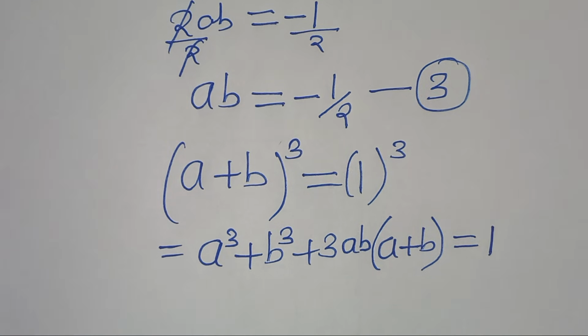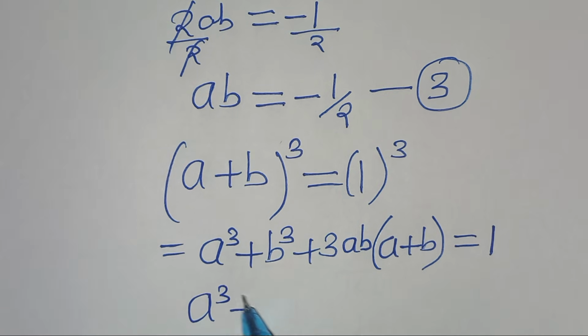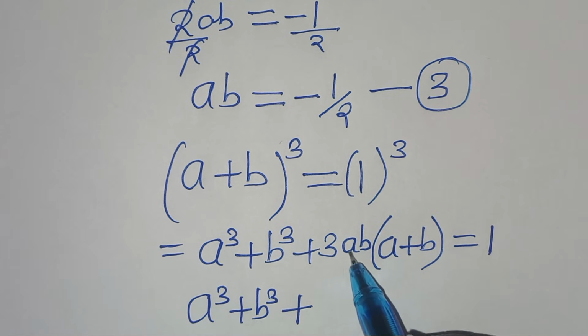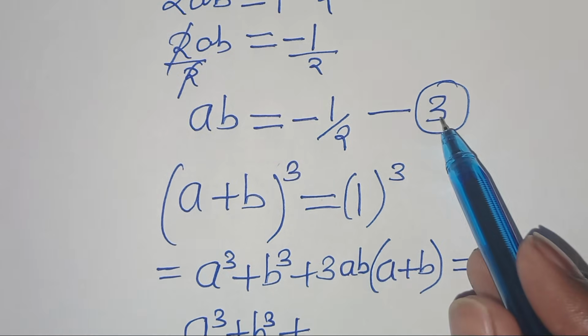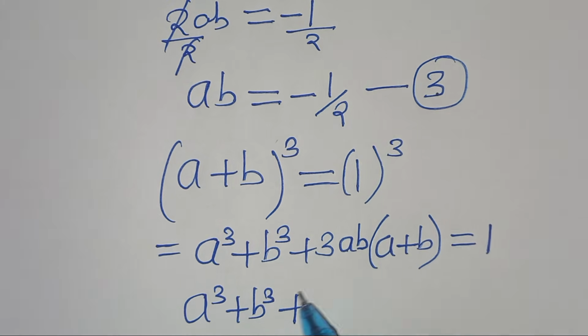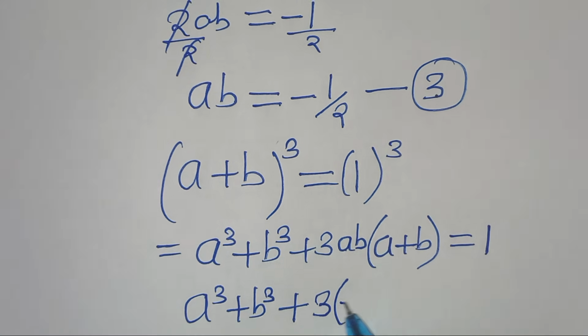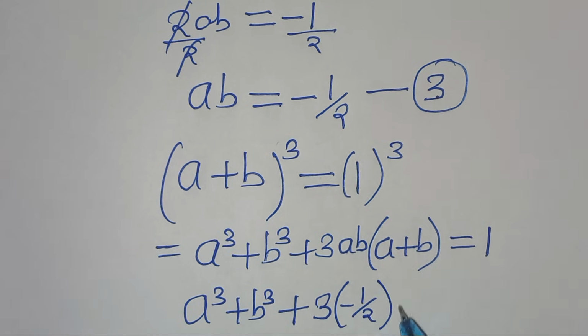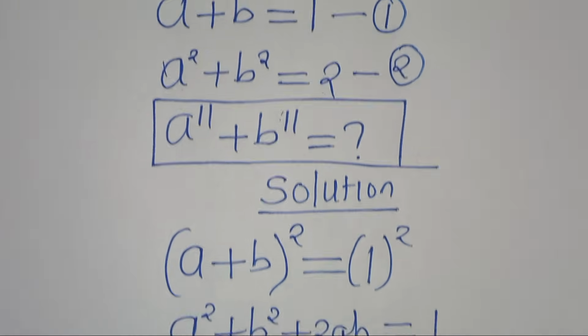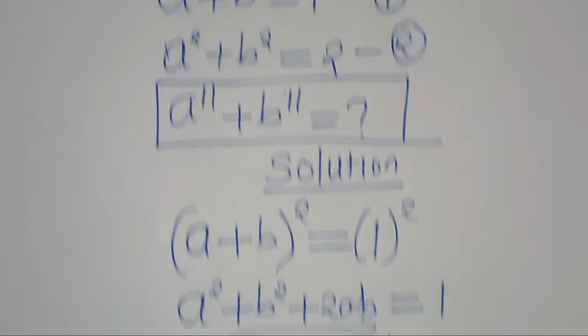We have a³ + b³ + 3, remember ab is equation 3. ab is −1/2. So let's substitute −1/2 for ab, then times a + b. a + b is equation 1, as you can see, which is equal to 1.